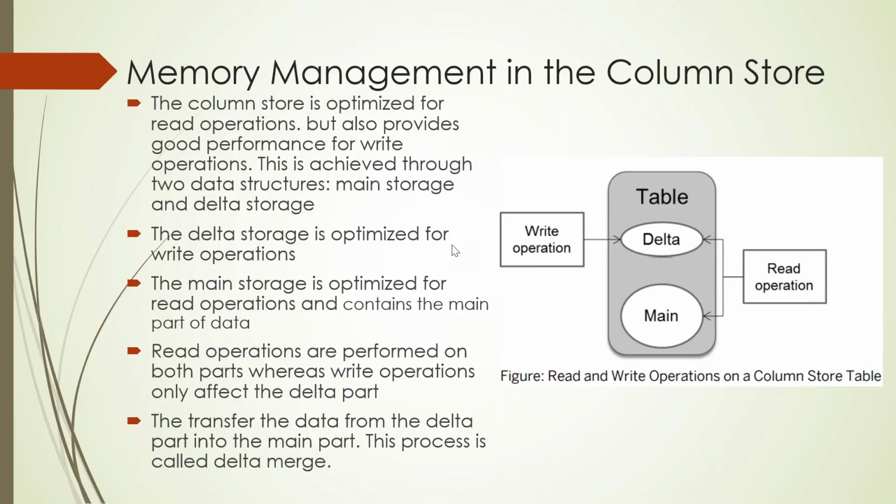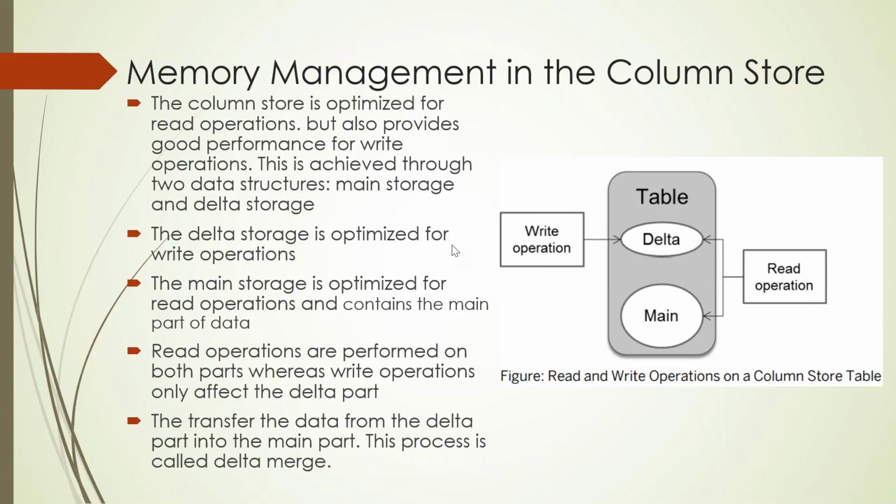The column store is optimized for the read operations, we know that. But for writing, the writing is very expensive, that is slow. Reading is faster in the column stores, but here it is mentioned that it also provides good performance for the write operations.